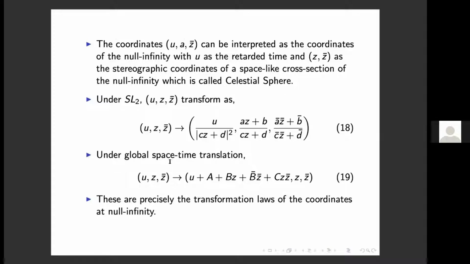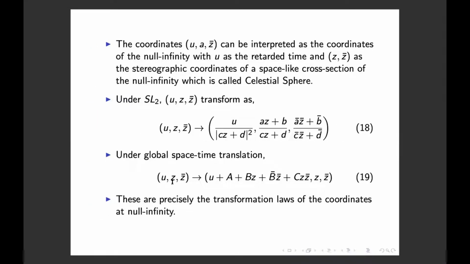And then under global space-time translation, this u, z, and z bar transform like u plus a plus bz plus b bar z bar plus c z z bar, and z and z bar do not transform under the space-time translation.